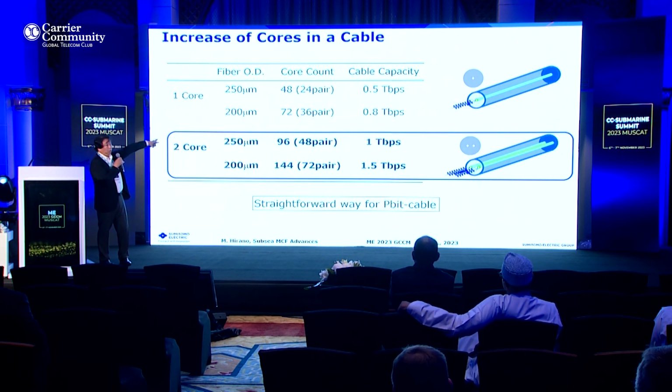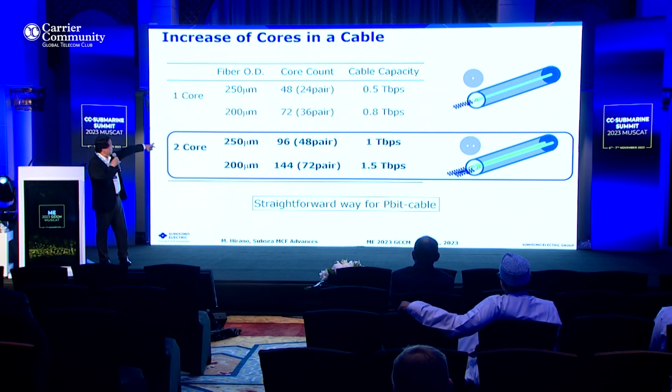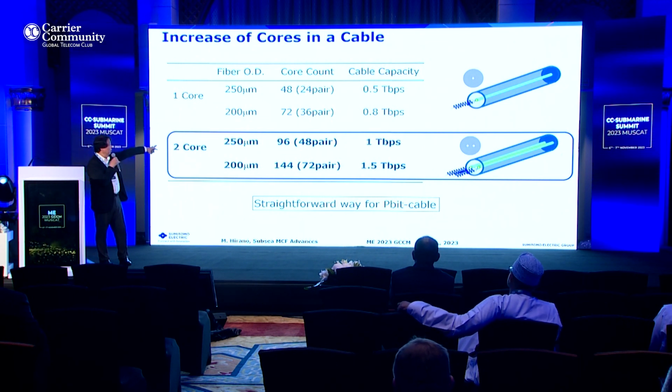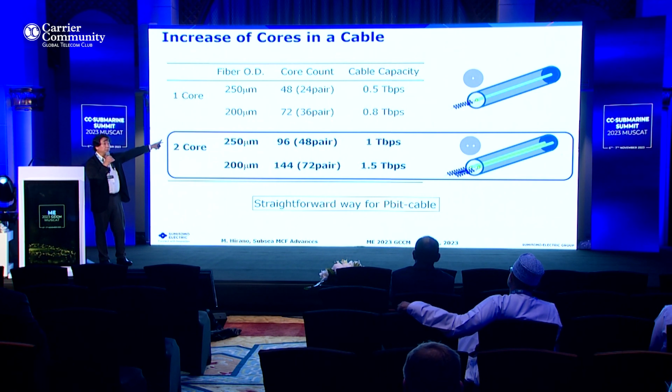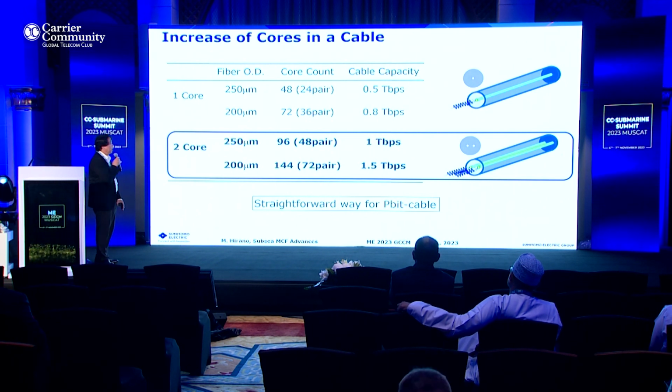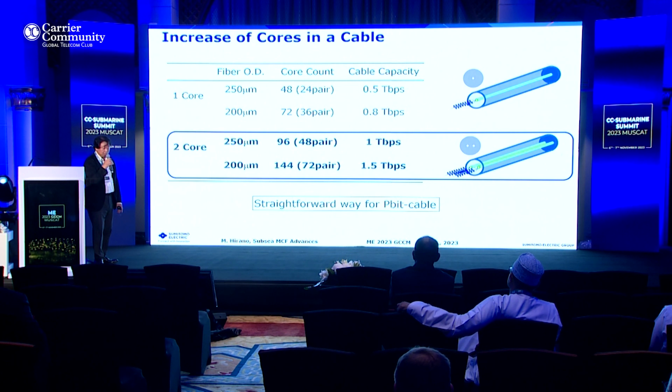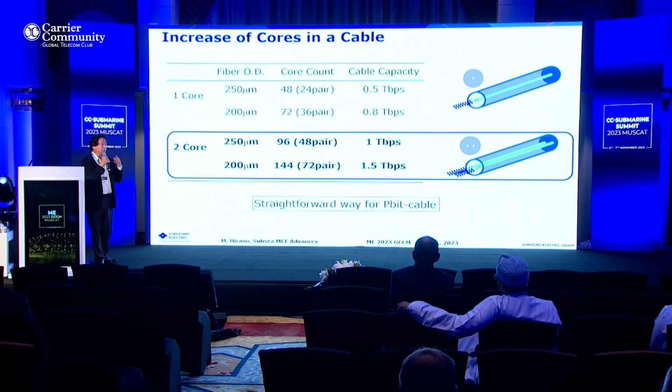So 24 fiber pairs to 36 fiber pairs. It corresponds to a 0.8 petabit cable, but still does not hit 1 petabit. So how to hit 1 petabit?